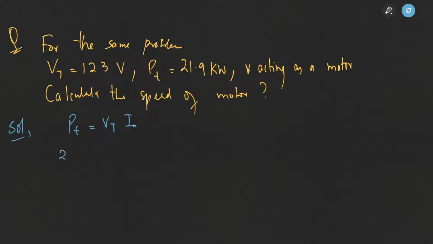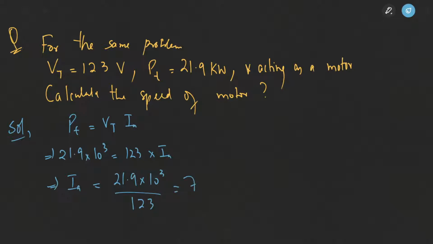So if this is 21.9 kilowatts and Vt is 123, we get Ia equal to 21.9 kilowatts divided by 123, which is 178 amperes.